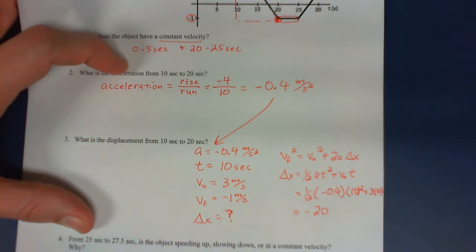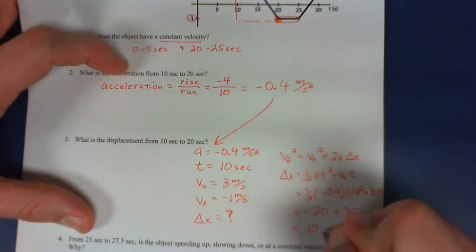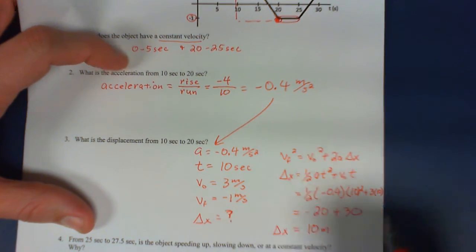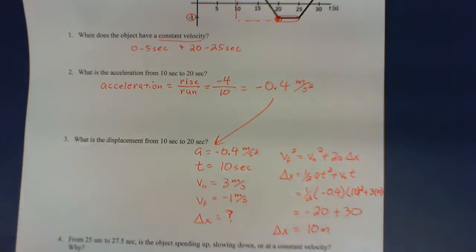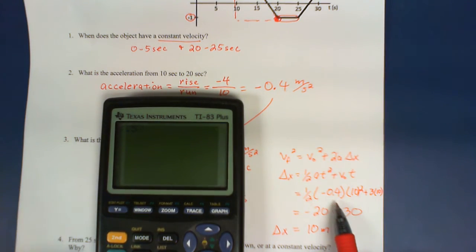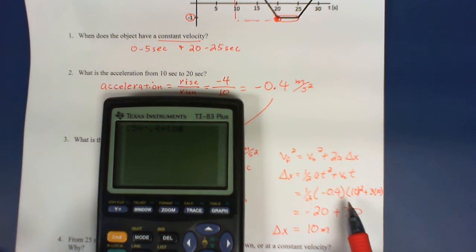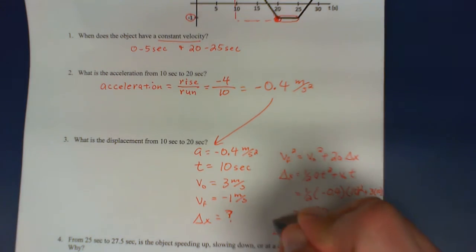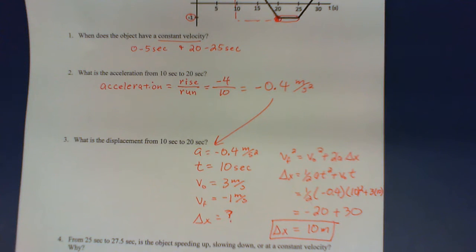And then we have 3 times 10, which is 30, so negative 20 plus 30 gives me 10 meters. Just to double check myself, because I do make mistakes sometimes, half of negative 0.4 times 10 squared plus 3 times 10, and that gives me 10. So 10 meters, that's my displacement.